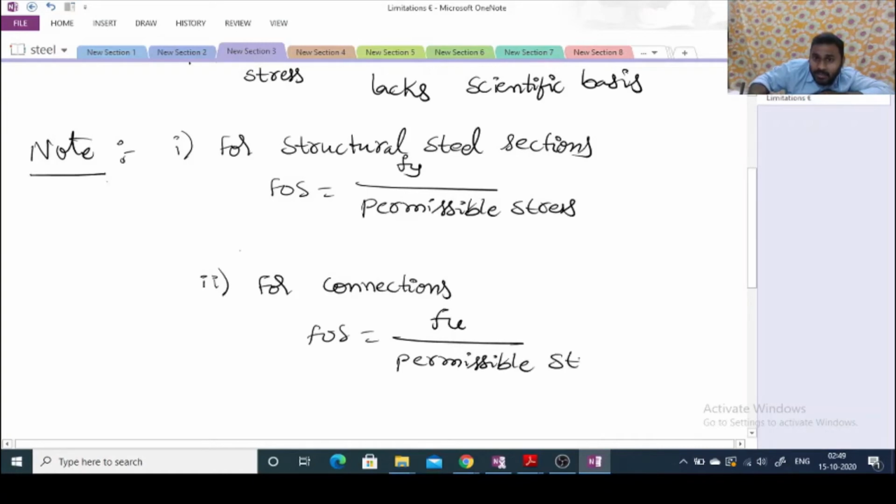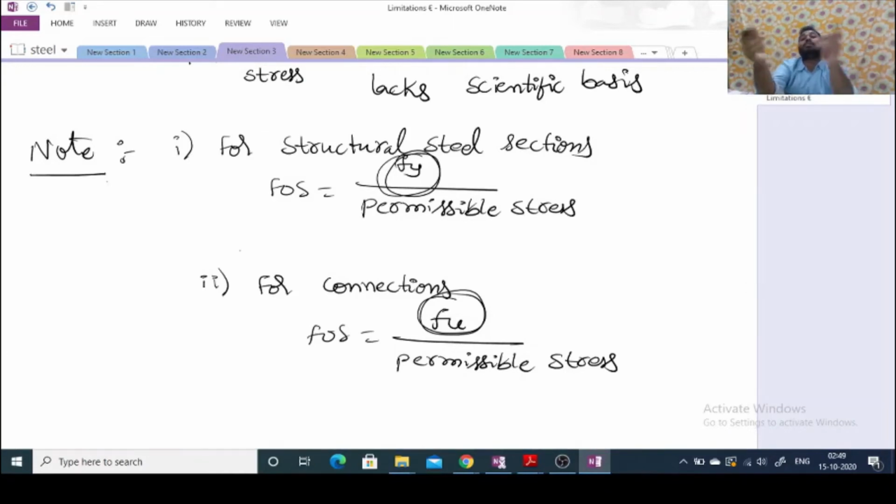The very same point we are going to use in the limit state method also. For structural steel sections, mostly we make use of yield stress, but for connections, we make use of Fu. If we use yield stress, we are assuming that the material fails by yielding. So, very important point: most structural steel sections fail by yielding.